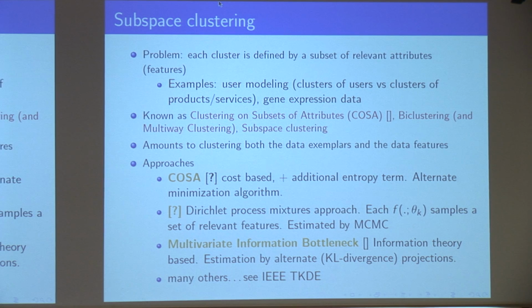So forget about clustering for a moment. Suppose you have X, and you want to predict Y. And think of X as having lots of features. Some are relevant, some are not. How do you best predict Y? Well, they're saying the following.